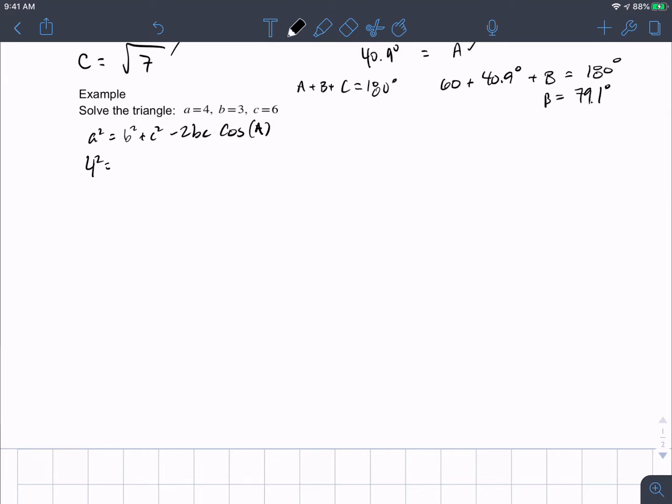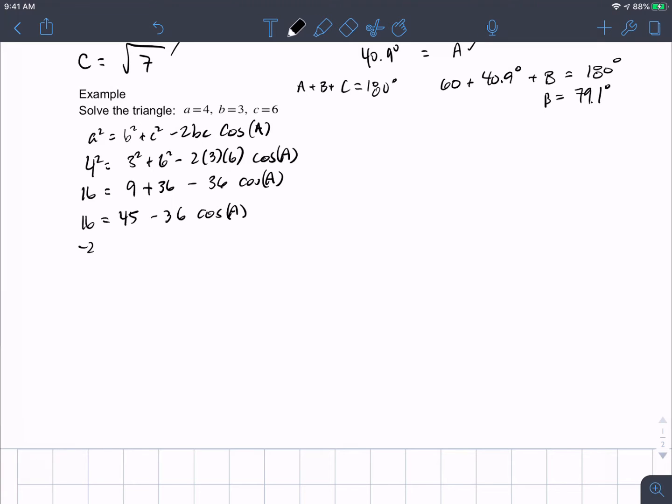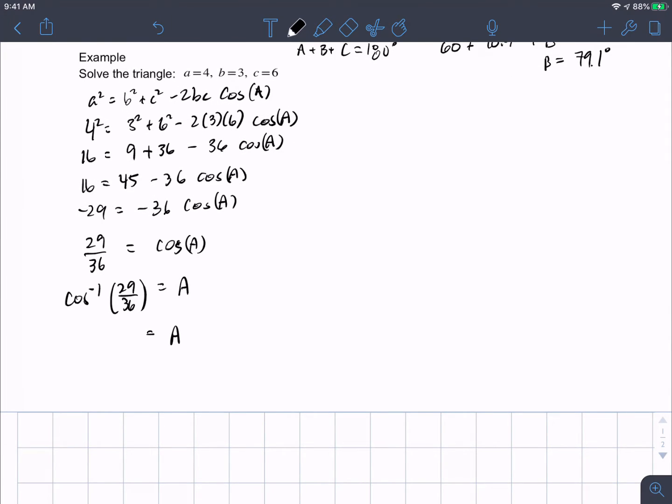So I'm going to get 4 squared is equal to 3 squared plus 6 squared minus 2 times 3 times 6 cosine of A. So 16 is equal to 9 plus 36 minus 36 cosine of A. That's going to give me 16 is equal to 45 minus 36 cosine of A, which gives me negative 29 is equal to negative 36 cosine of A. And so 29 over 36 is equal to cosine of angle A. Then cosine inverse of these numbers is going to be our angle A. And so A here is going to be 36.3 degrees.